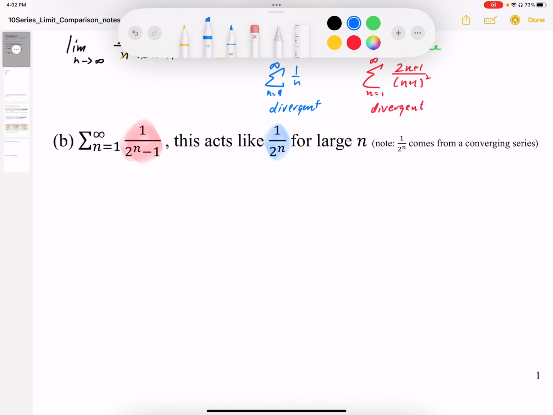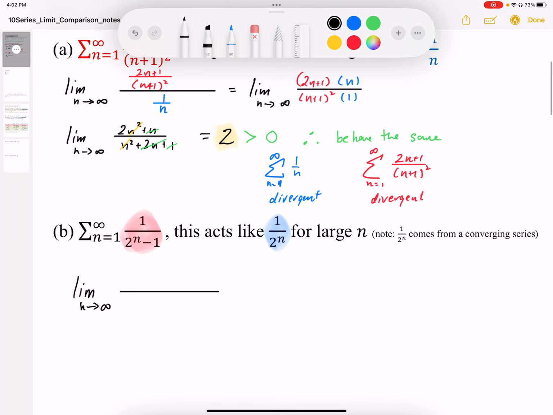So if I apply the limit comparison test, I want to make the terms behave the same. It looks like this: the limit as n approaches infinity. It doesn't actually matter for the limit comparison test whether your unknown is in the numerator or denominator, as long as you end up with a limit.